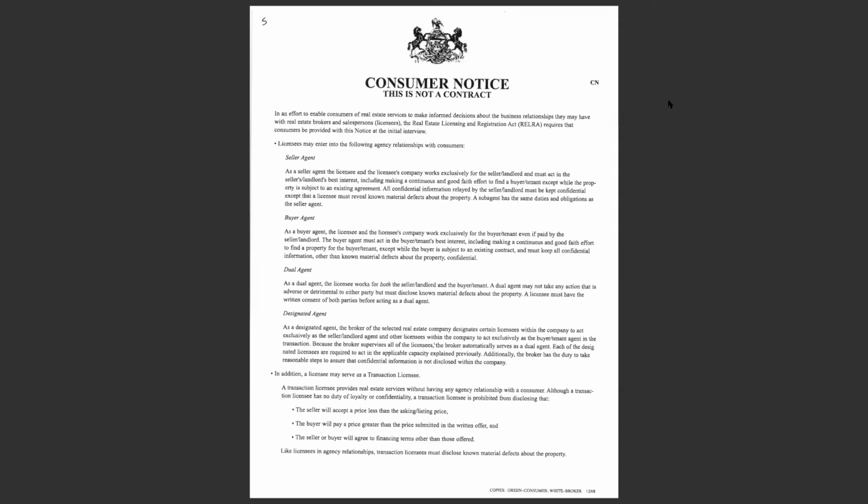Those exclusive words do not mean that Vicki Carey is only a seller or landlord agent, or Joe Brown is only a buyer-tenant agent. No, it means for the transaction, not that you've been designated one or the other with the brokerage. Because the broker supervises all the licensees, the broker automatically serves as a dual agent.